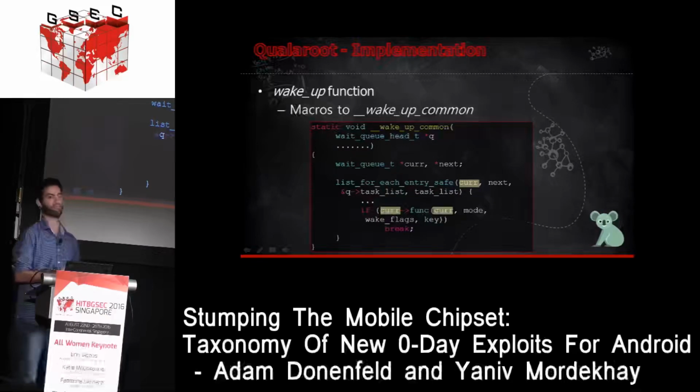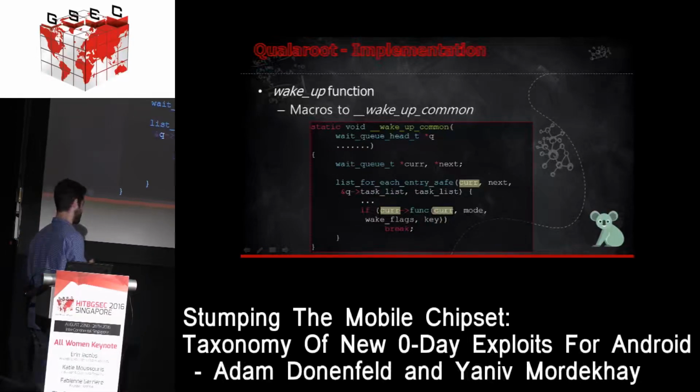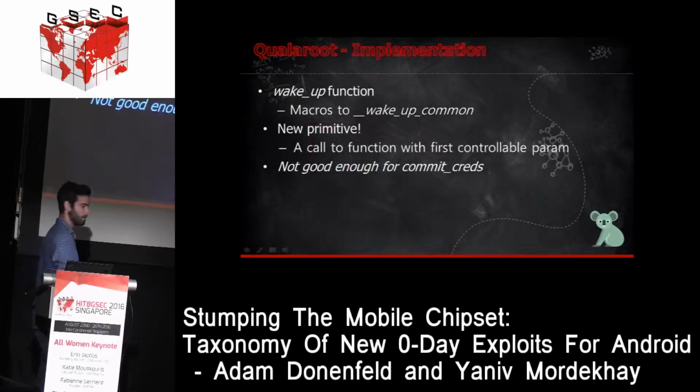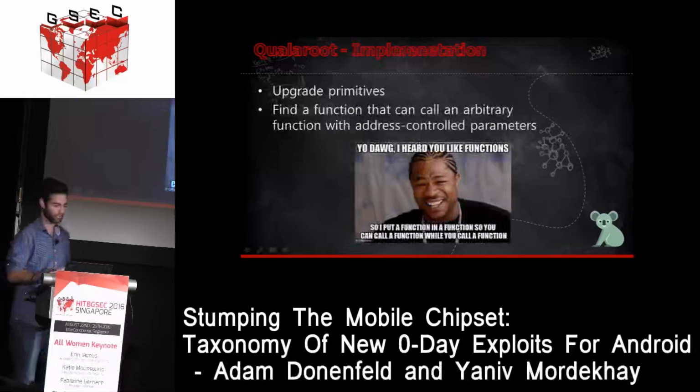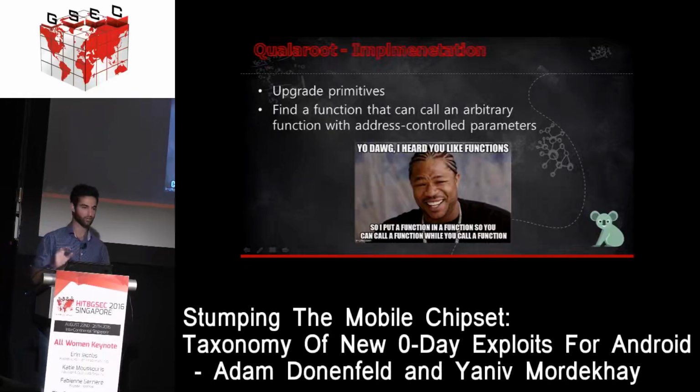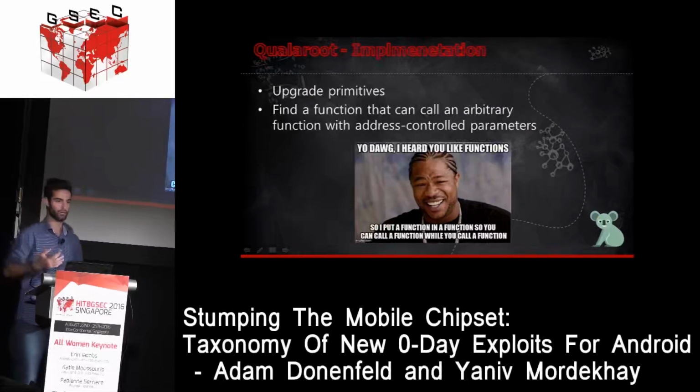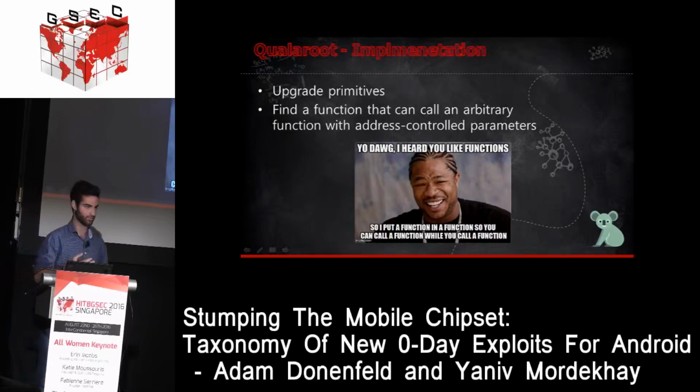And if we want the fully available capabilities on the system, we need to upgrade our primitives to get 100% control of the function. So we have to find another function where, by controlling just a little bit of its first parameter, we can get another function call primitive, but now controlling 100% of the first parameter.